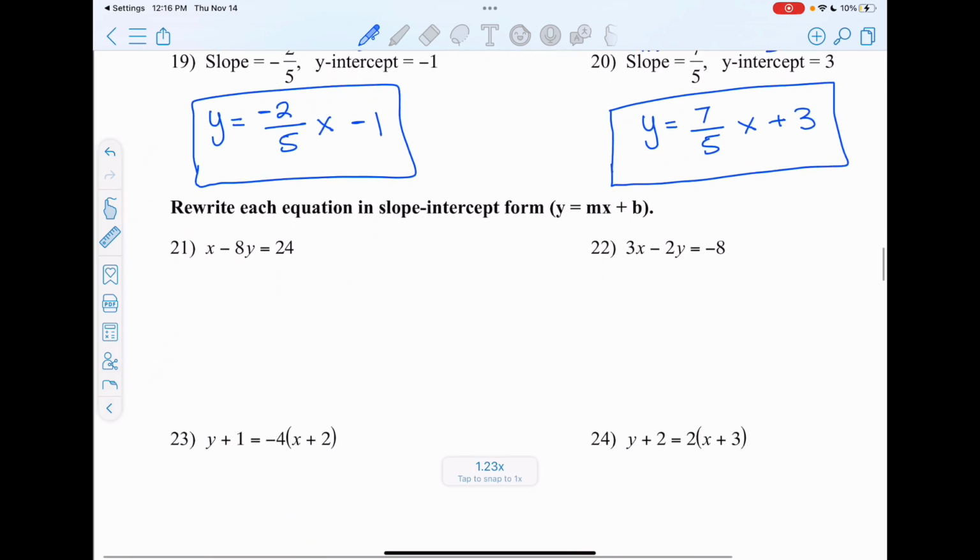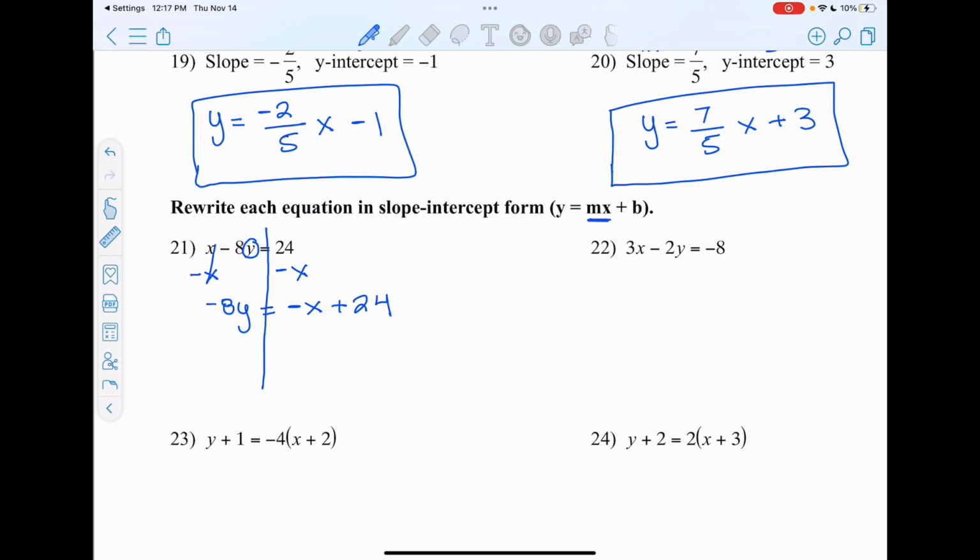In our next section, we need to rewrite each equation in slope-intercept form, which means we need to solve each of these equations for y. So I'm going to circle y to show me what I'm solving for. And the first thing I will do is subtract x to both sides. And I will be left with -8y is equal to -x plus 24. I like to put the x in front because we're used to mx plus b. Notice how the x goes first.